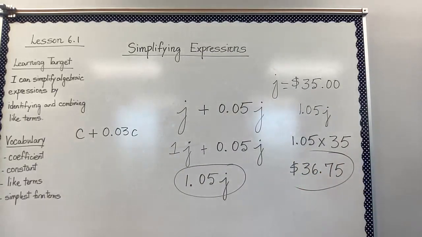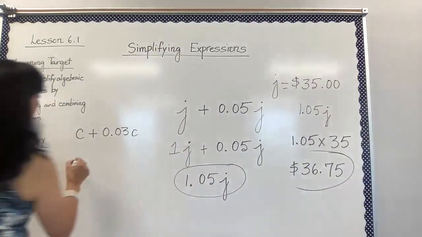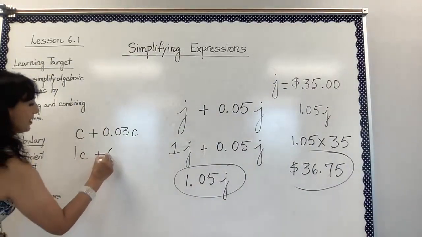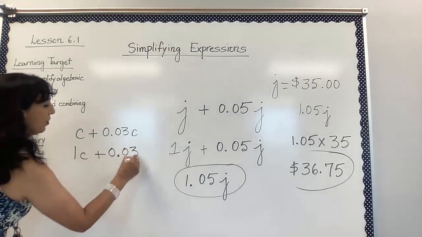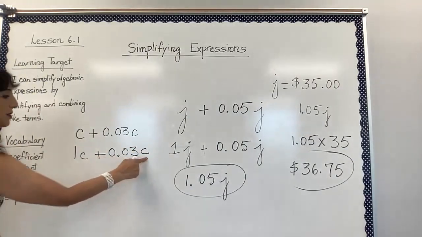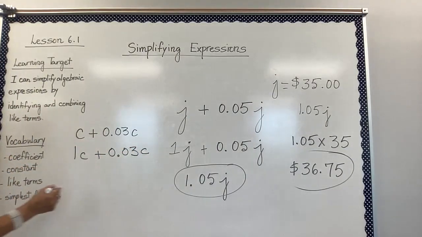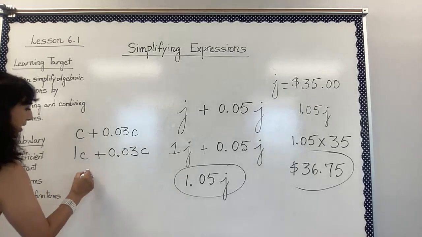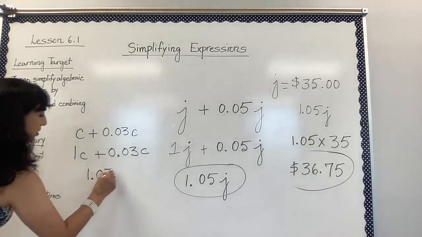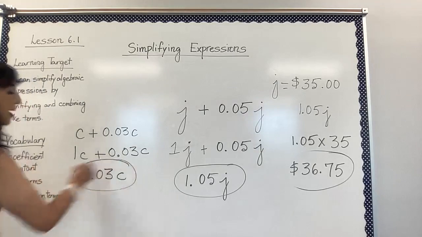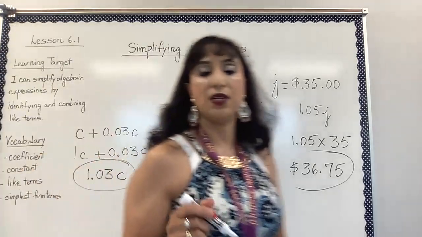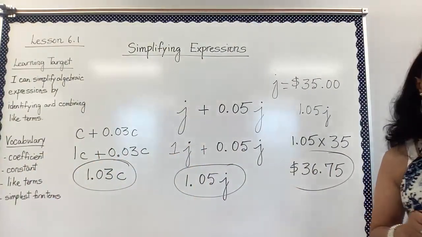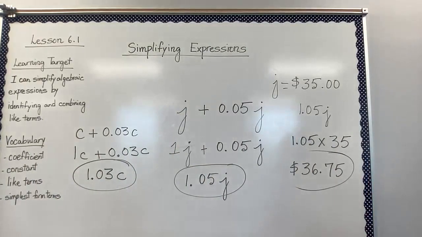And if I had to simplify the expression, I know that C is how much? I have 1C plus I have 300C. Like terms are C and C, so I'm going to add them up, and I get 1 and 300C is my solution to this one. Okay, so then when I am simplifying it, basically that's what I am doing.